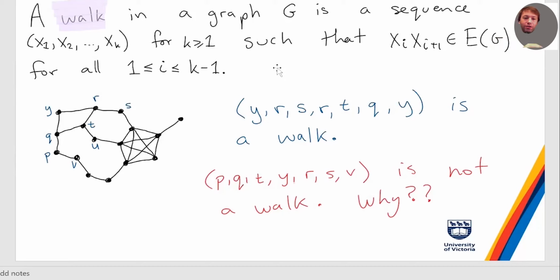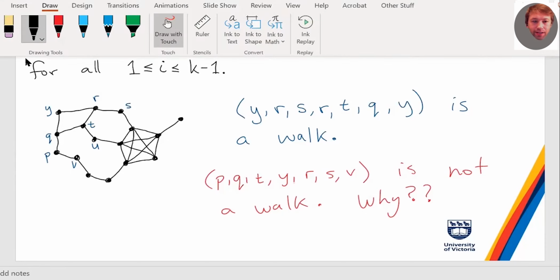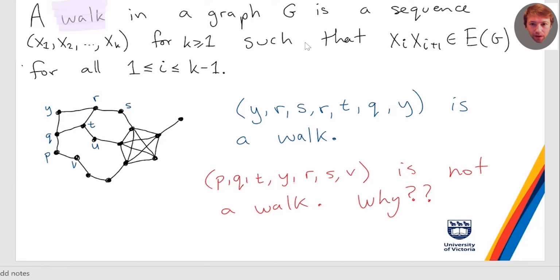You start somewhere and you can walk around, you can walk back, you can retrace your steps and go backwards. You can walk around in a loop. You can do whatever you want, basically. Formally, mathematically, a walk is a sequence of vertices. I didn't say vertices here, so I should also add that xi is in V(G) for all i.